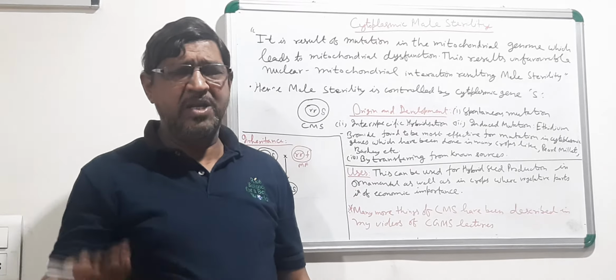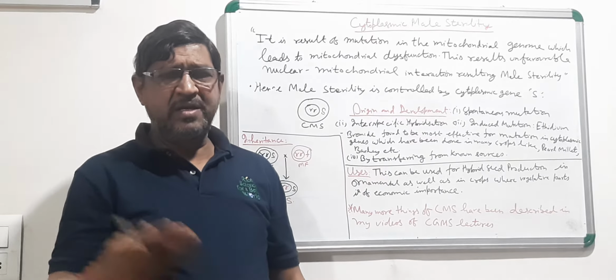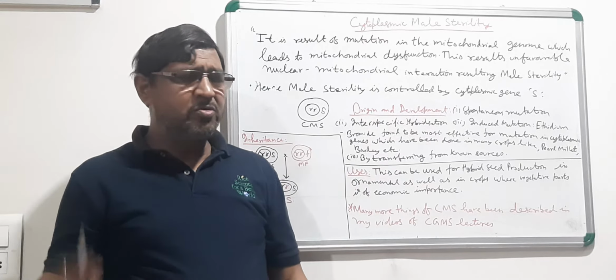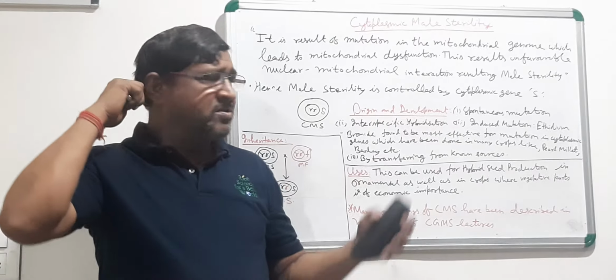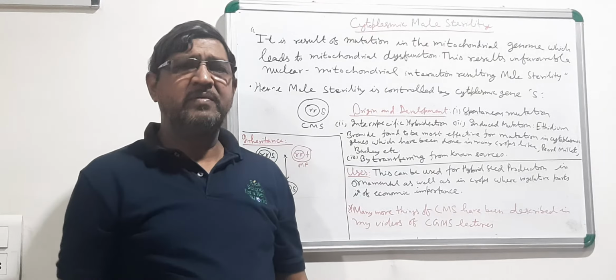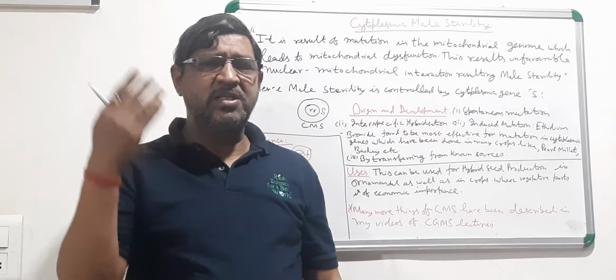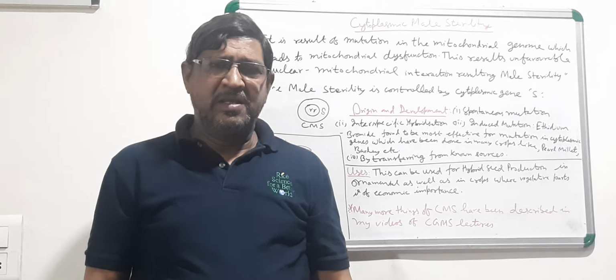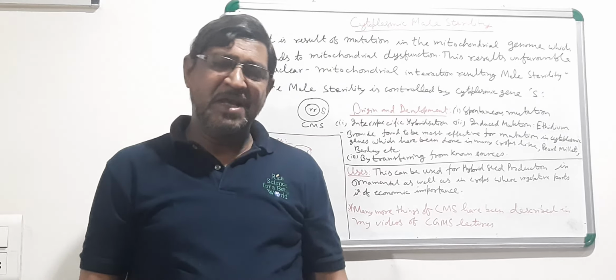They have carryover effects on the next progenies, which we are going to use as grain. So to avoid all this, we use these male sterility systems in our hybrid seed production program. These are the types of male sterility I have already covered. Thanking you very much.